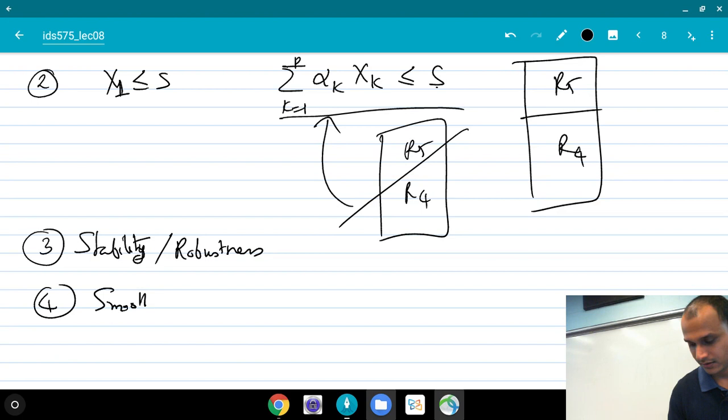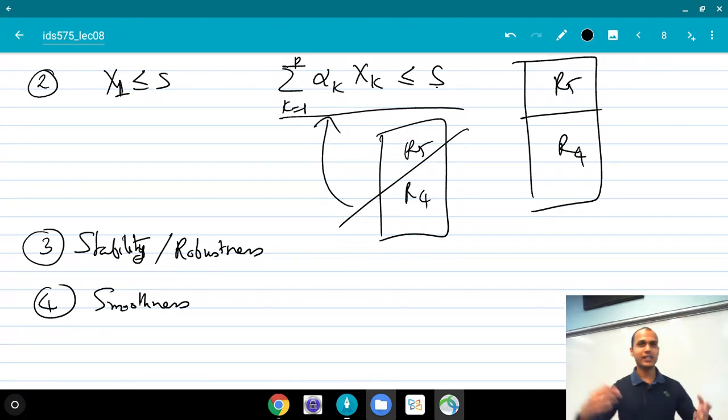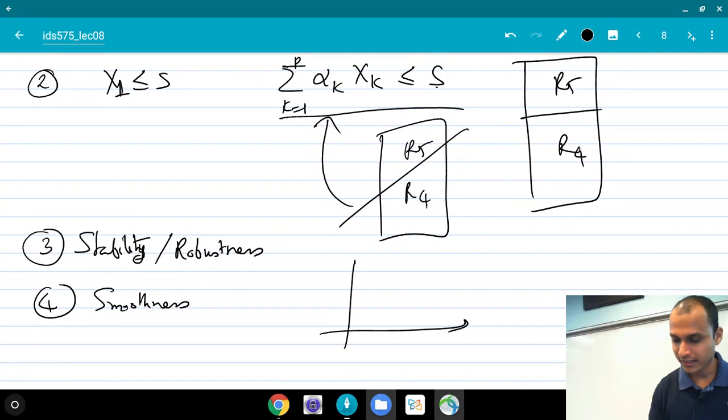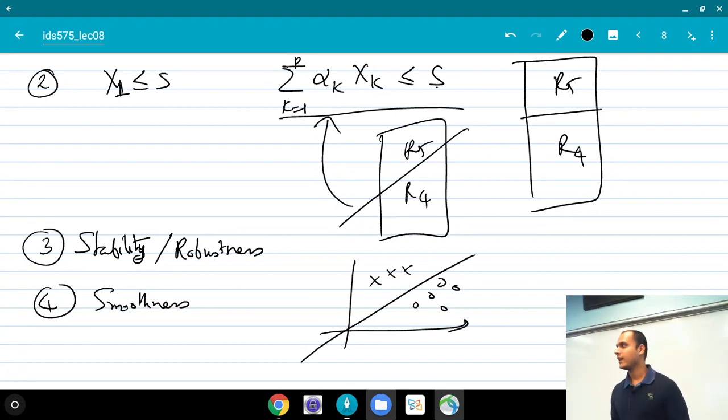Fourth thing is smoothness. It's not really an issue with trees, but if your underlying classification or regression data had a really nice linear separation, for example in this one-dimensional data, you could have a decision boundary like this.